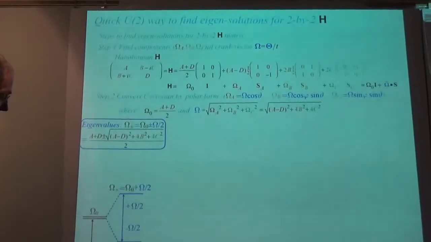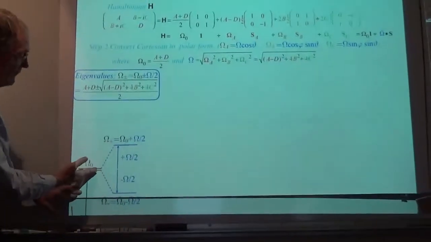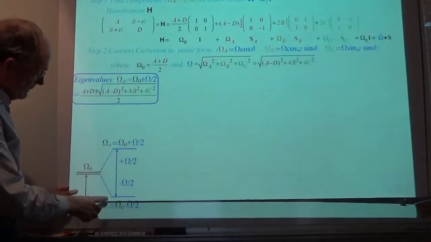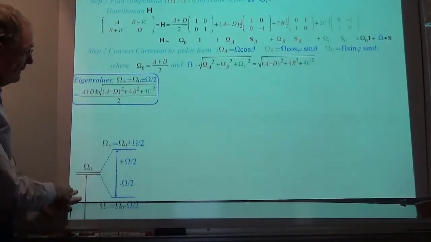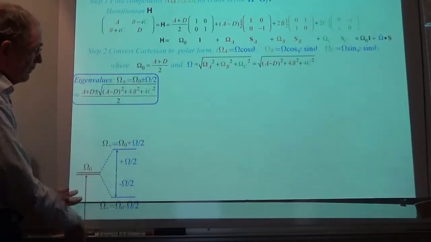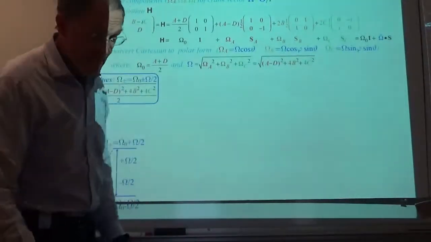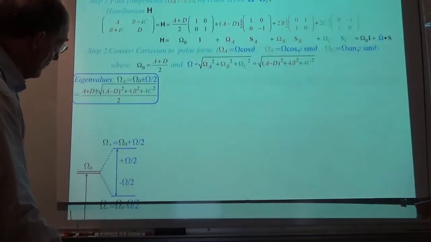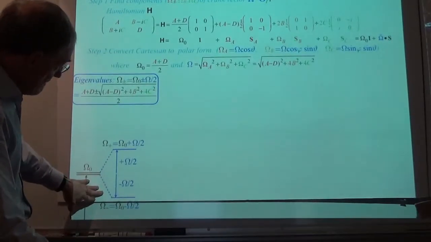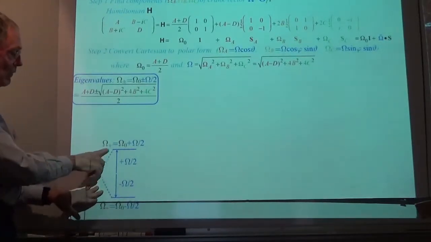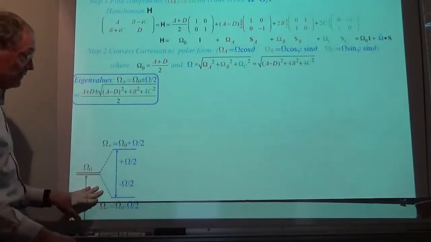Another way to draw it: here's my overall phase, and then I put in some interactions or something that split me into plus omega over 2 and minus omega over 2, where this is big omega. That's the rate of turn of the crank. This is eigenvalue omega plus, omega minus.